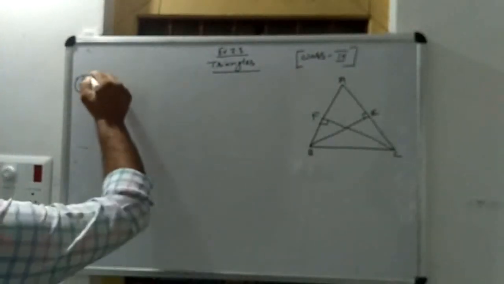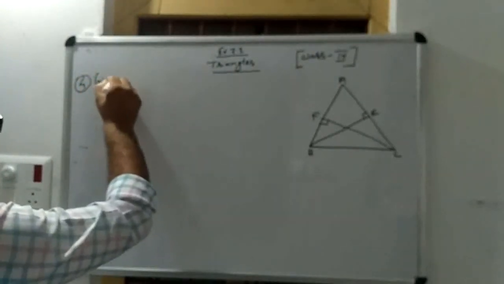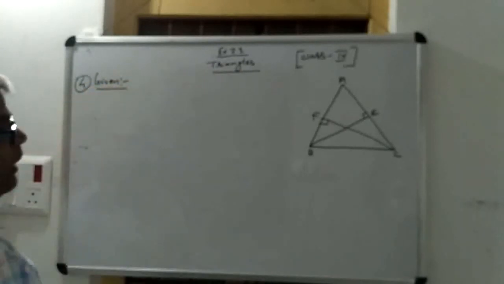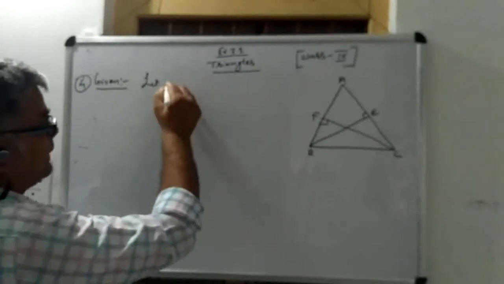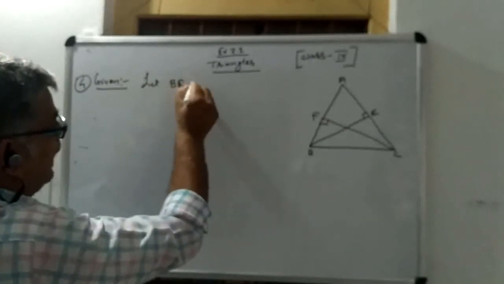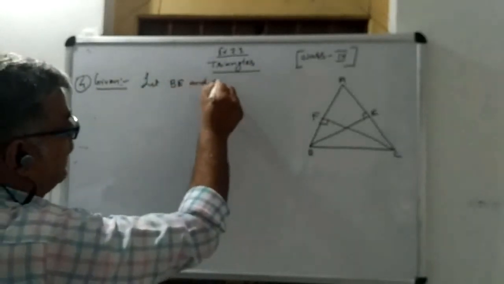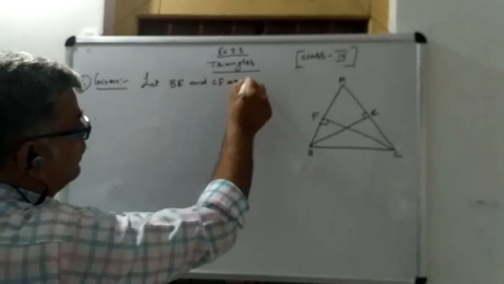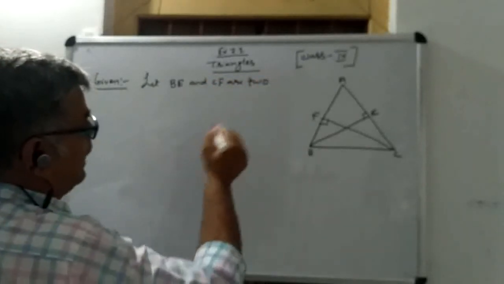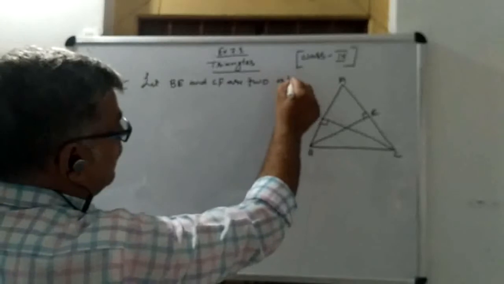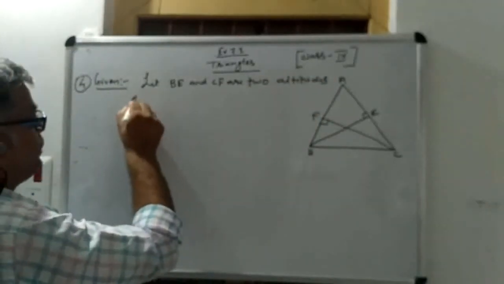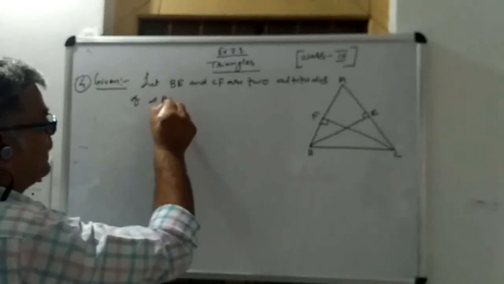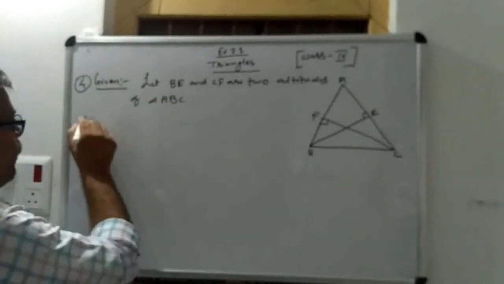So first you write what is given. Let BE and CF be two altitudes of triangle ABC. Now what to prove?